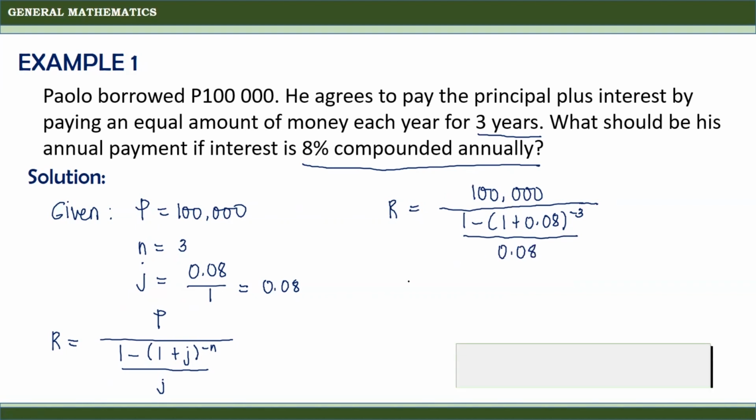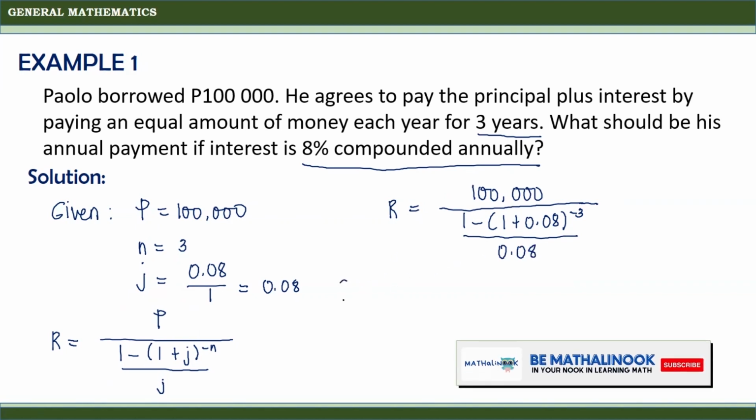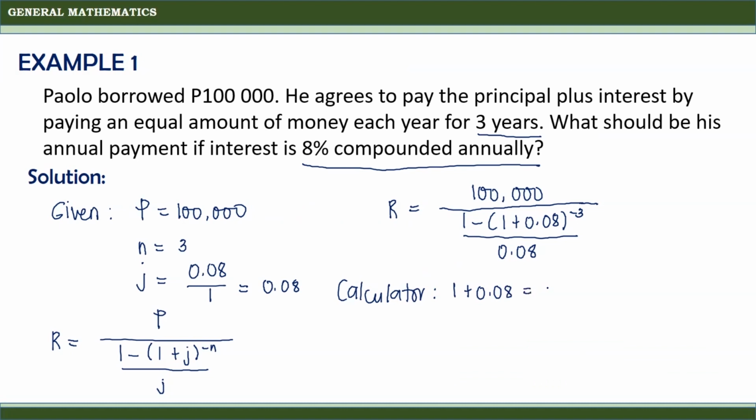To determine its value using our calculators, what we need to input are the following: 1 plus 0.08 equals sign raised to negative 3 equals sign times negative 1 equals sign plus 1 equals sign divided by 0.08 equals sign x raised to negative 1 equals sign times 100,000 then equal sign.